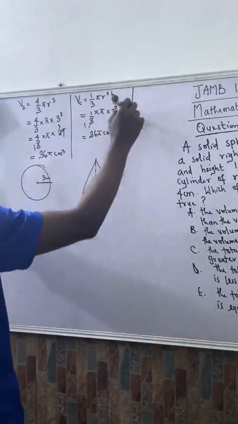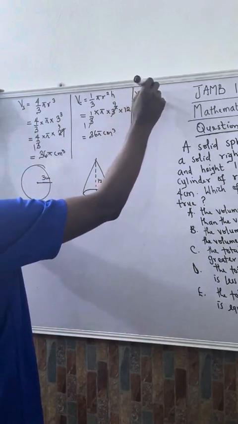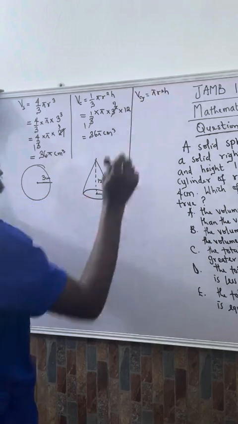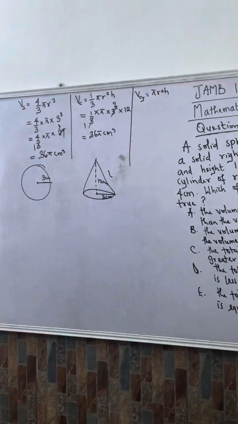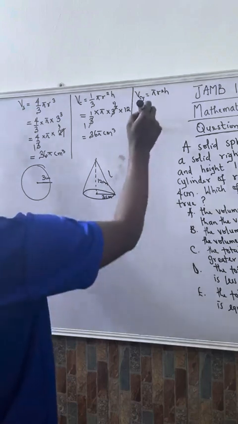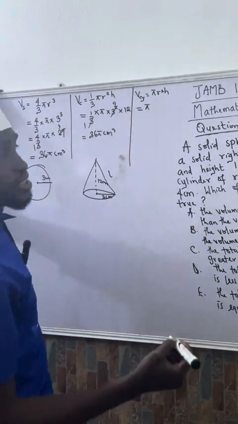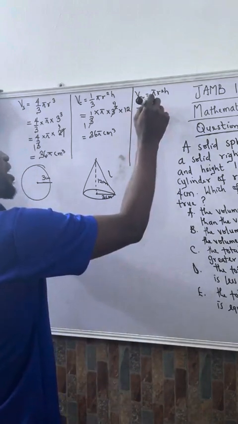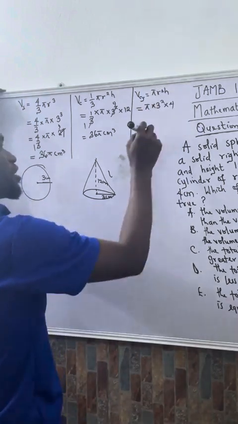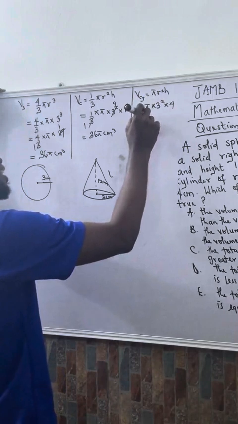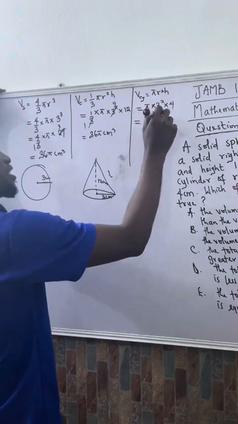Let's do the same thing for the cylinder. Volume of cylinder equals pi r squared h. If we remove 1/3 from the volume of the cone, we get the volume of the cylinder. According to the question, the radius of the cylinder is also 3 centimeter, so pi times 3 squared times h. The height of the cylinder is 4 centimeter, so 9 times 4 still gives 36 pi centimeter cube.